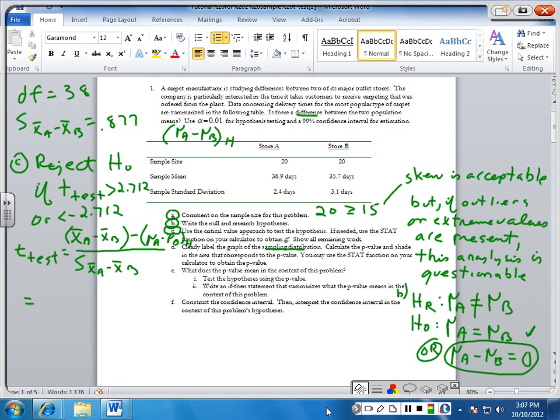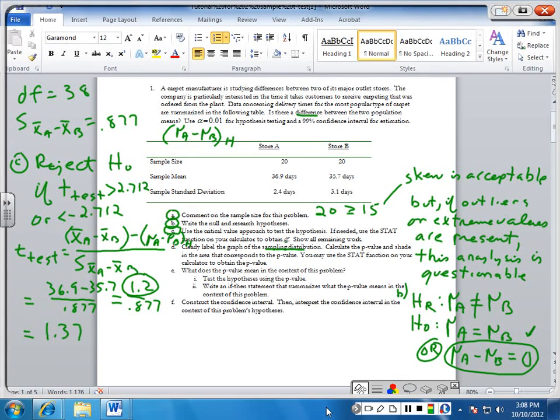So we have 36.9 minus 35.7 divided by 0.877. And I'm going to go ahead and just note here that the top of that is 1.2 divided by 0.877. It's kind of nice to think of that as one number. We're really looking at the difference between the two sample means, which is 1.2. And so I think you'll find that useful at some points. At some point, I certainly do. That comes out to be 1.37.